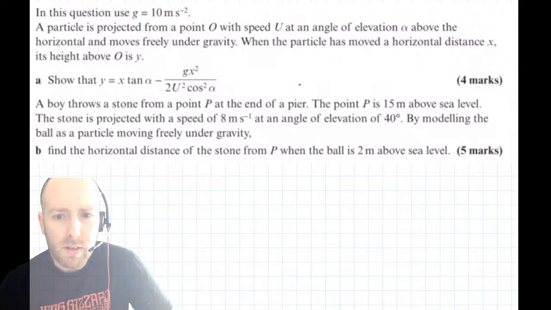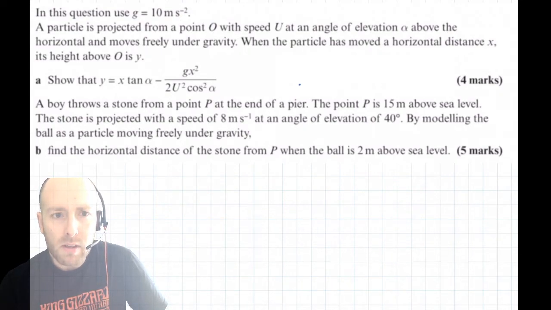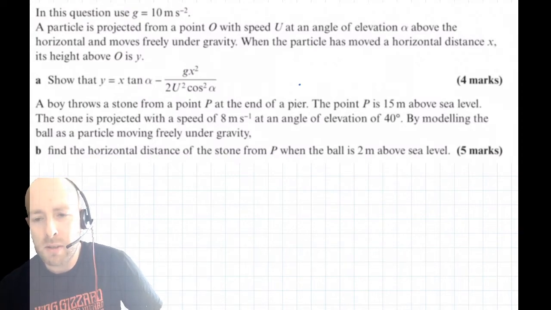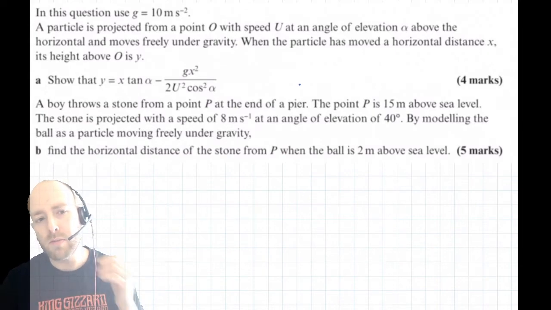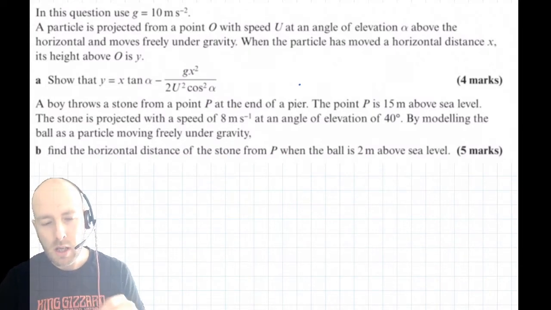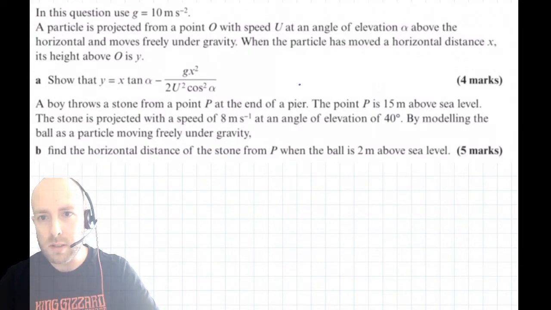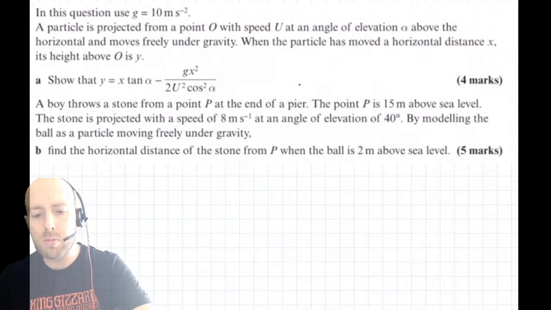And then part B, find the horizontal distance. Yeah, that should be nice and easy. So it says 9 marks. I reckon we can race through the first bit, and if we can bash this out in 5 minutes, that'd be pretty impressive. So I'll set up the timer. 5 minutes. See if you guys can do it. Yeah, part B shouldn't be too bad. Use the equation, but do practice deriving it again.